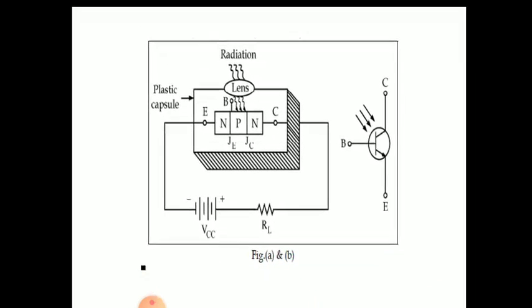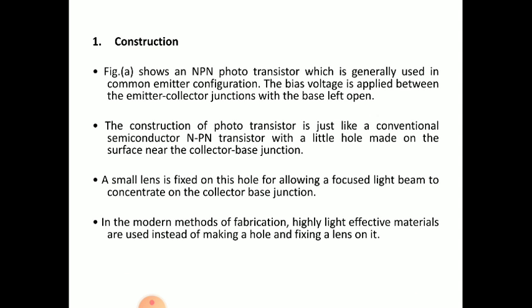A small lens is fixed on this hole for allowing a focused light beam to concentrate on the collector base junction. In modern methods of fabrication, highly light sensitive materials are used instead of making a hole and fixing a lens on it.